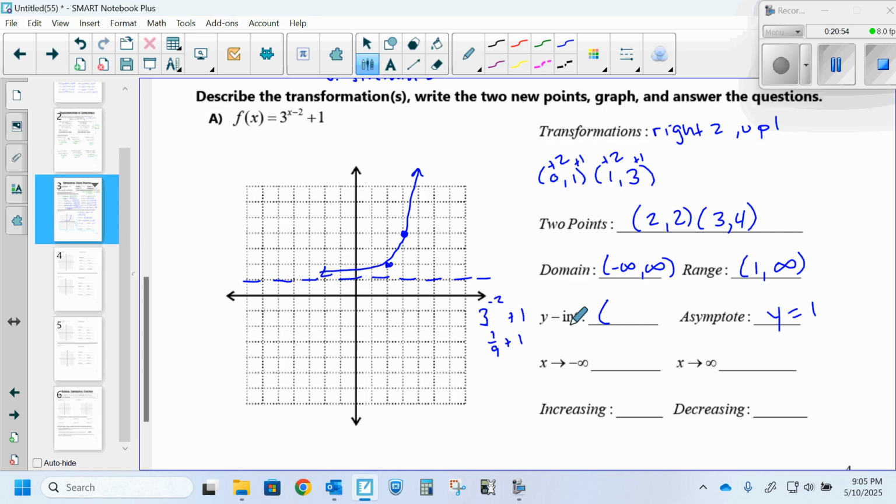So 1 1/9 is what? 10/9. So it's a little bit more than 1. So it's really down here. I kind of missed it, but that's okay. You don't need to graph it. The other 2 points are fine. As x goes to the left, y is approaching 1. As x goes to the right, y is approaching infinity. And this is increasing everywhere, not decreasing.